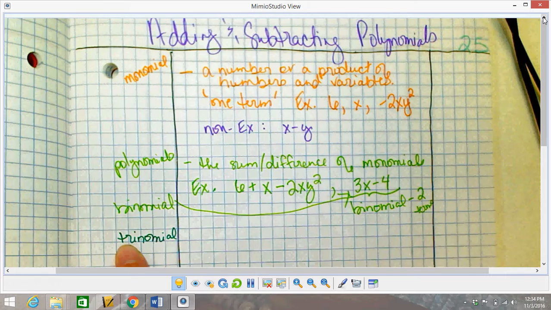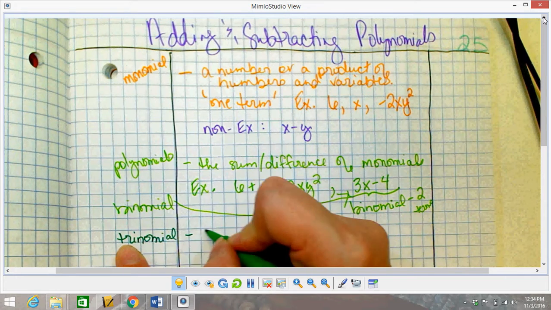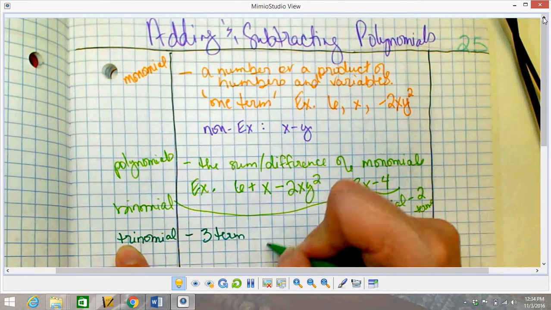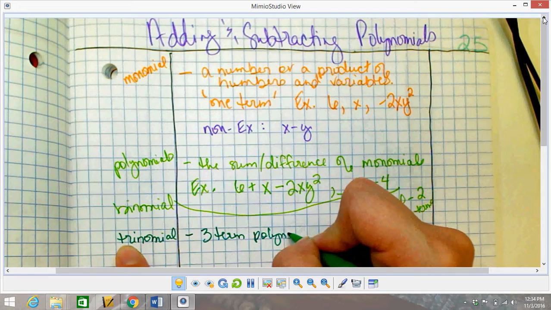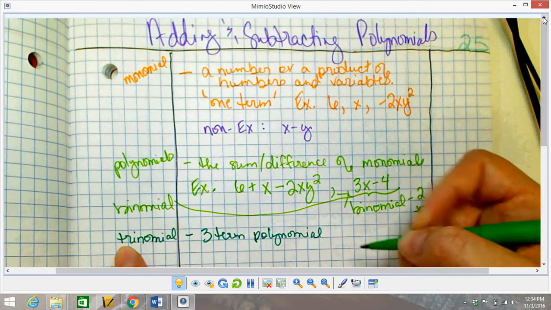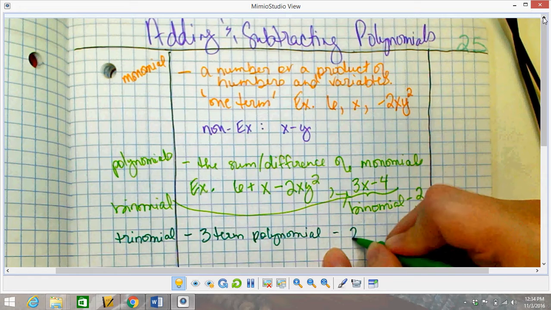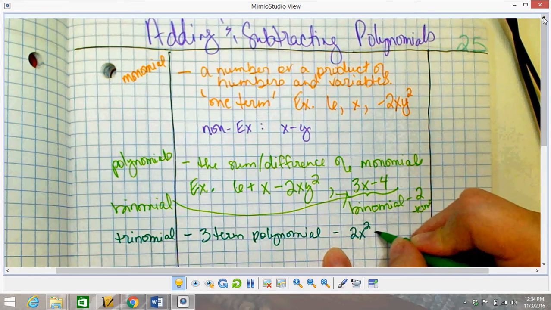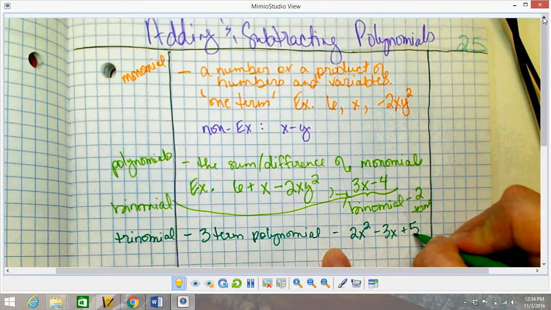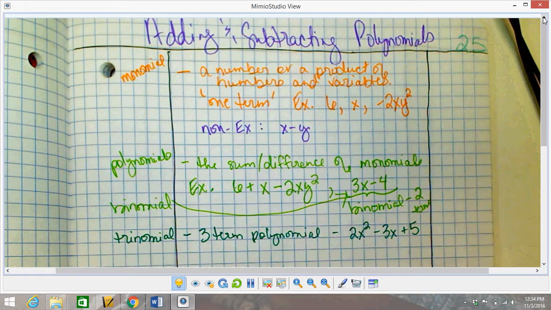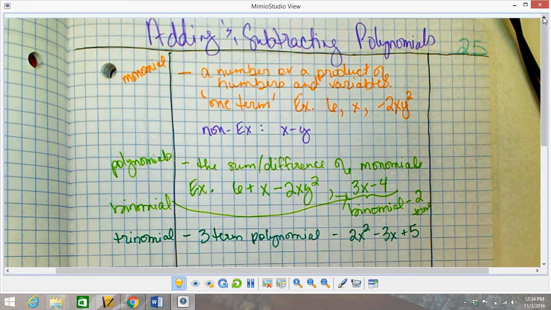It has tri, so that tells you three-term polynomial. So an example would be 2x squared minus 3x plus 5. And from there, we're just going to say a 4-term polynomial, a 5-term polynomial. They're not going to have special names. So let's stop there.